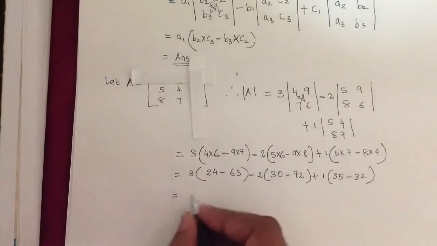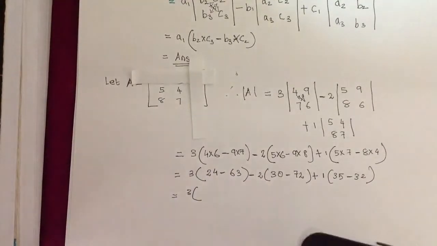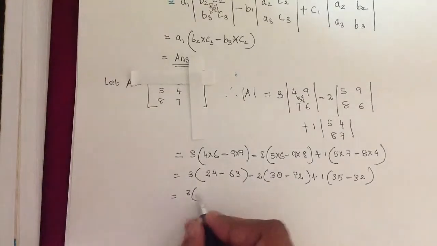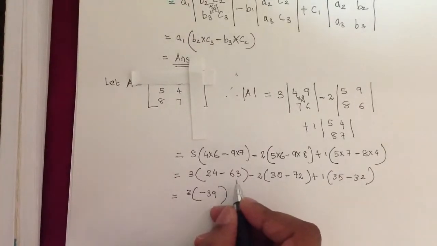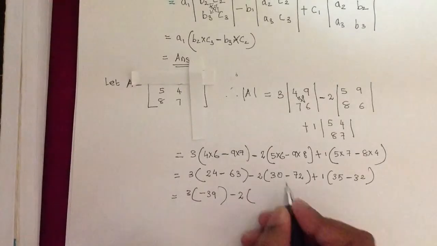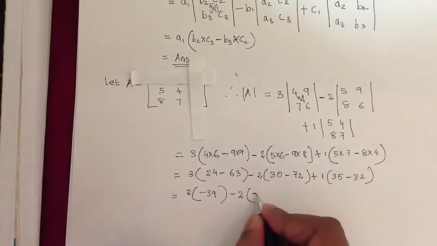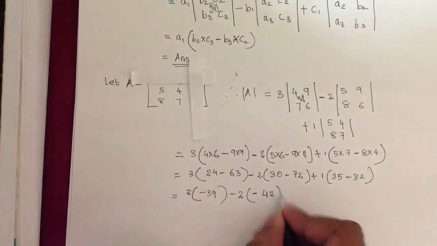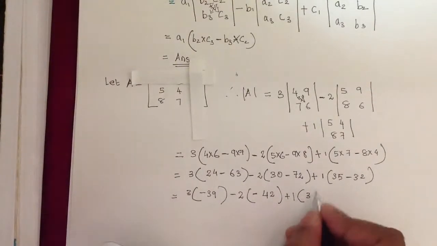So the first bracket is 24 minus 63, which is minus 39, because the sign is minus and 63 is the bigger value. Then minus 2 into (30 minus 72), which is also minus, so minus 42 will be here. Plus 1 into (35 minus 32), which will be 3.